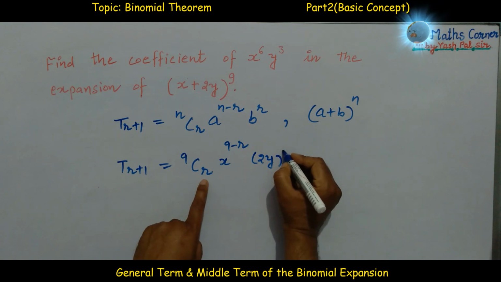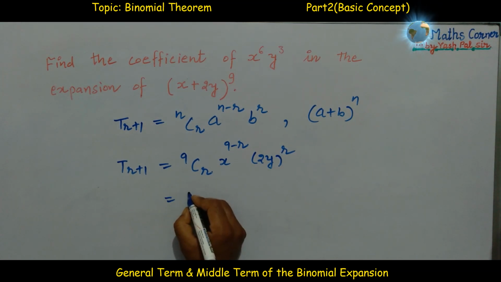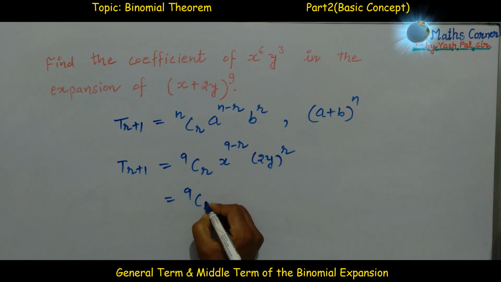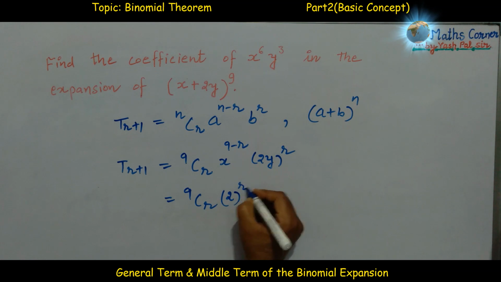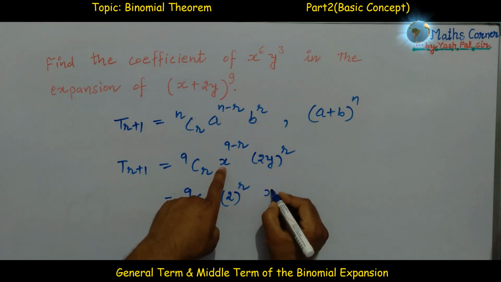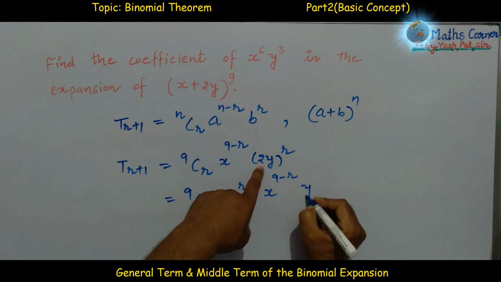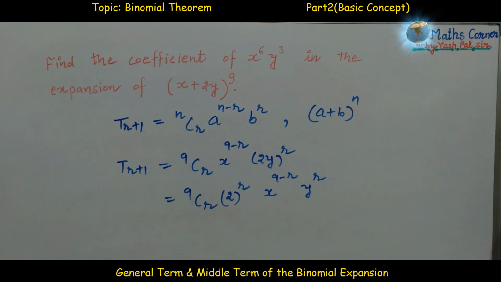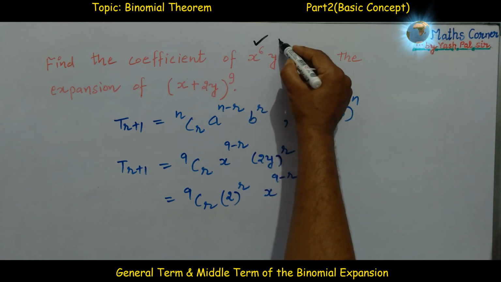So solving this, we are given here 9Cr. This 2 will come here, 2 raised to power r. Now we are left with x raised to power 9 minus r into y raised to power r. Now what is the question? Find the coefficient of x raised to power 6 y raised to power 3.